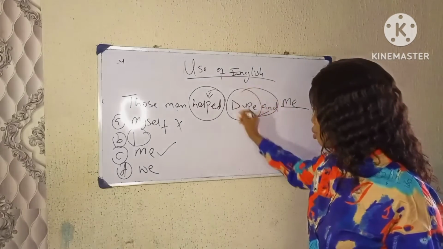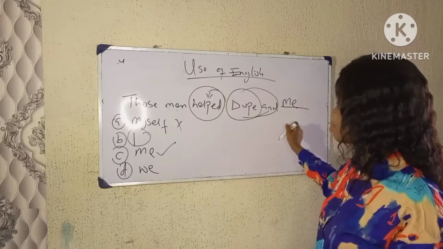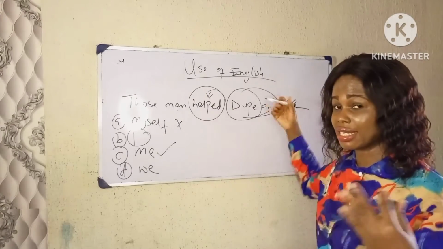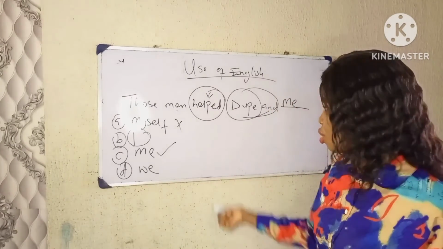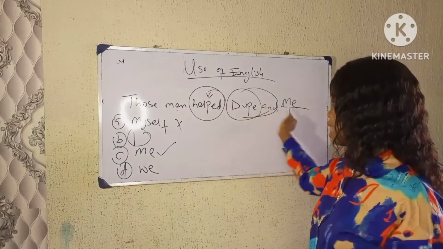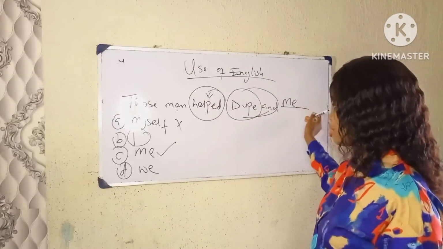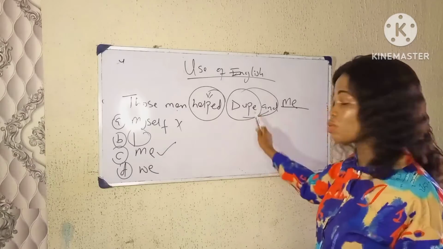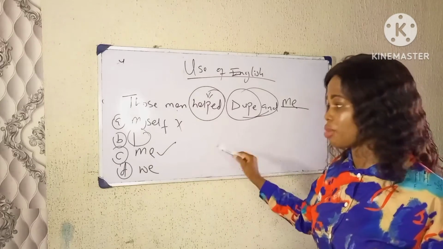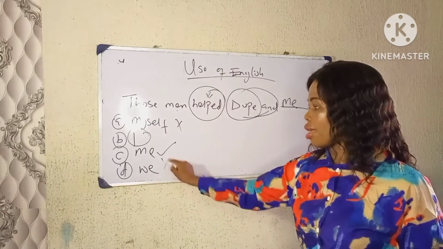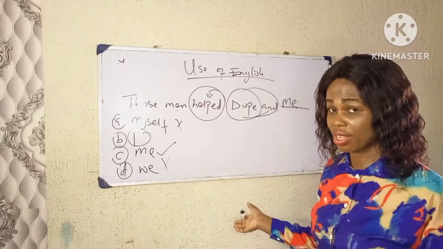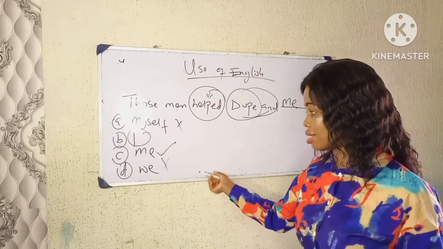Just remove the name that comes with the pronoun and see how it sounds. So you cannot say those men helped I, you say those men helped me. So those men helped Dupe and me and not Dupe and I. And you cannot say those men helped we. Rather say those men helped us.